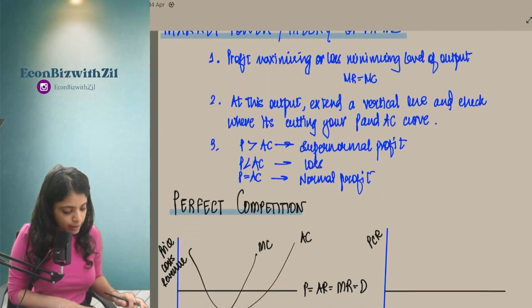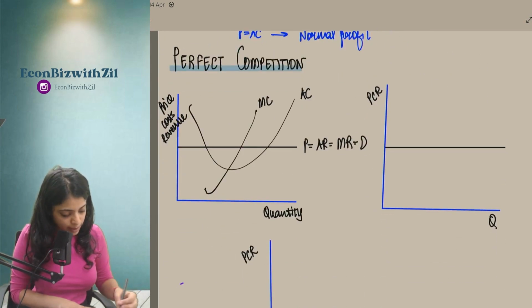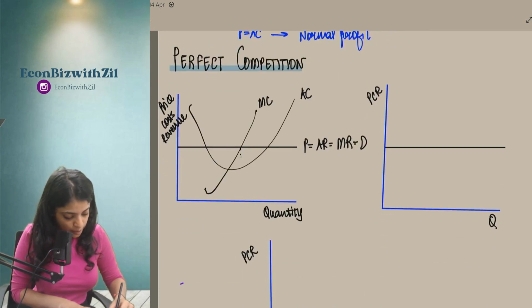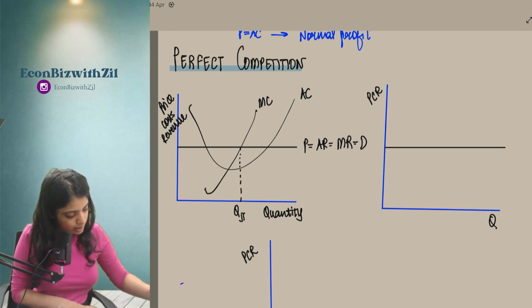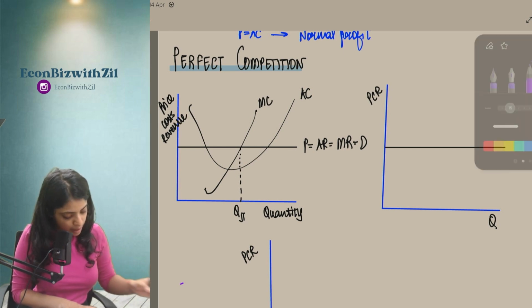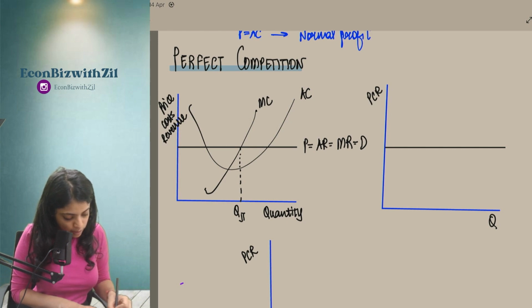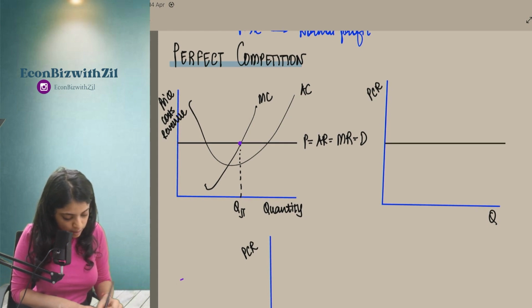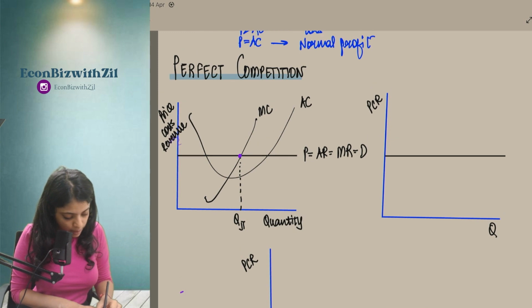My first rule is I find the profit maximizing level of output, which is where MR equals MC. So this is where MR equals MC, and I extend that line as well. And I see where it's cutting my P and where it's cutting AC. This is where it's cutting P, so this is my P, and this is where it's cutting AC.